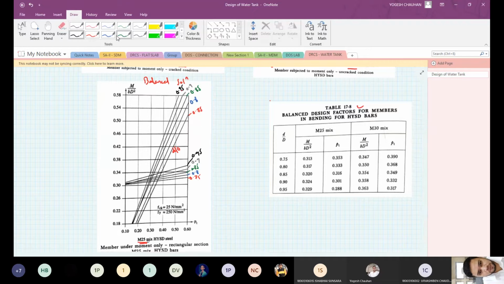If you see, for 0.8, this curve and this curve intersect somewhere here. This is the point of intersection.